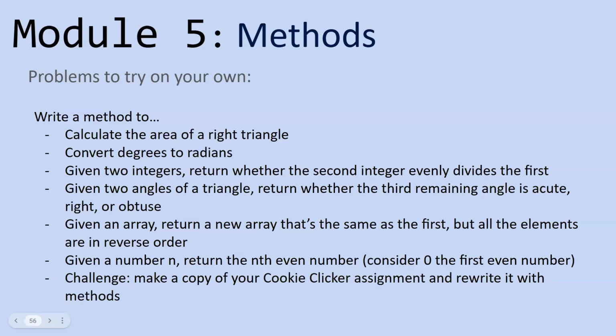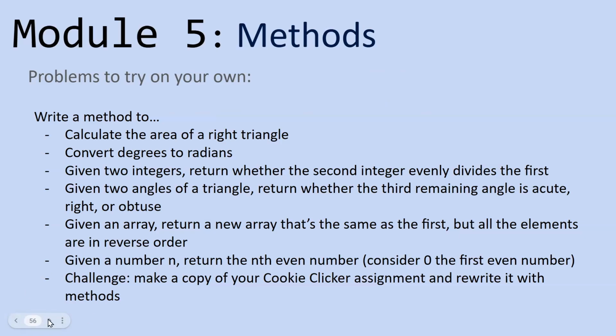And then I'd say this one's pretty useful just because working with methods and arrays as parameters or return types can be tricky. I think we talked about this earlier, but it's basically the same as how you would use arrays with any method parameter or return value. So just reverse the elements in the array, or return the nth even number.